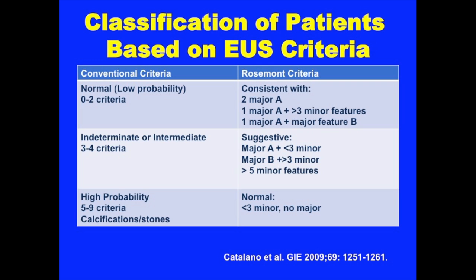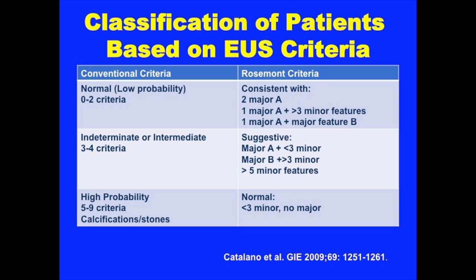If we look at the classification systems for what we've had in the past versus Rosemont, we can see that in the more conventional type, we have less than 2 as being normal, 3 to 4 as being indeterminate or intermediate, and high probability is 5 to 9, or the presence of calcifications or stones. For Rosemont, the normal is again less than 3, which is 2 or less.